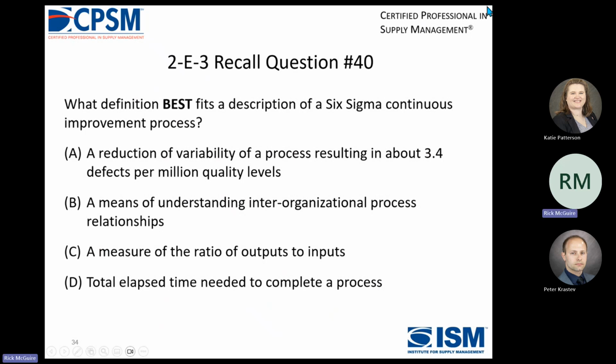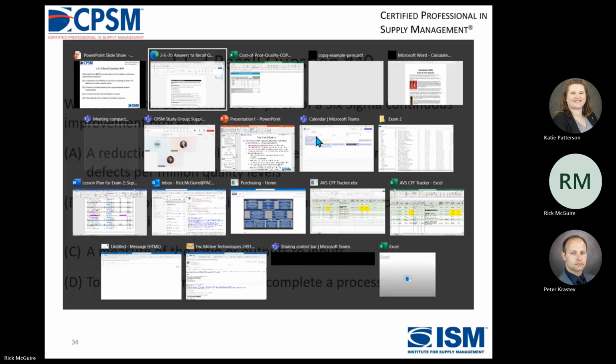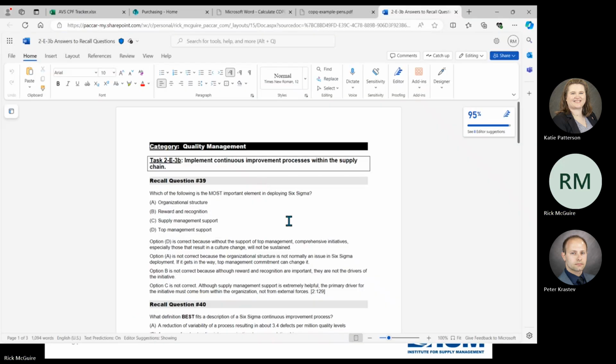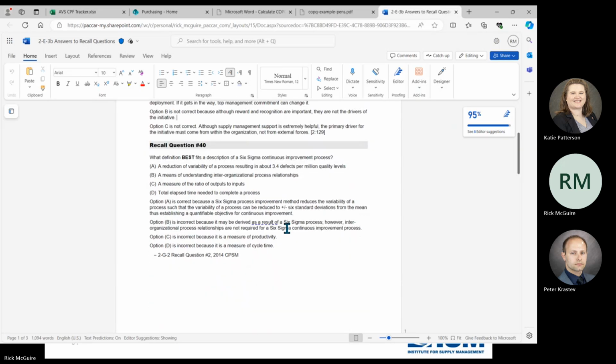How many defects per million is Six Sigma? That's 3.4. Better be A. Yep, A. All right. Questions 8 through 14 are out there.